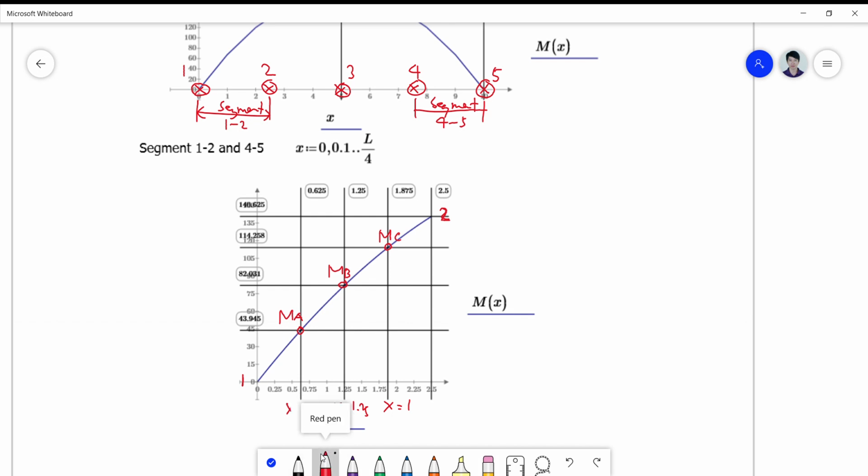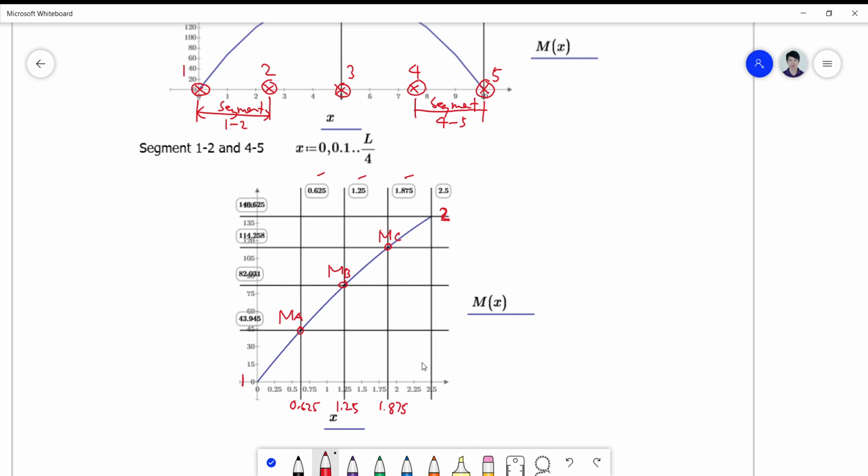So let's remove the letter x, no? Para mas malinaw. So this is 0.625, 1.25, and 1.875. Okay, these are the values.